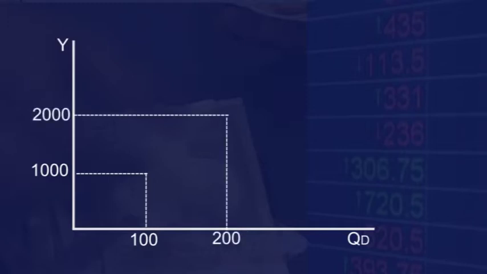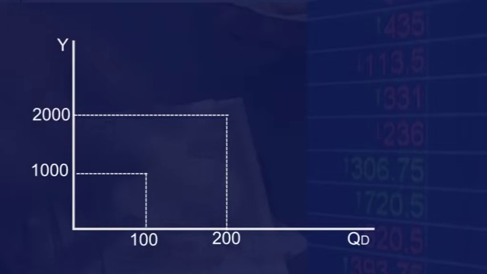Quantity demanded is this relatively small amount. As income rises to, let's say, 2,000 euros, for most goods, the quantity will rise. So if at 1,000 euros, 100 units a week are demanded, at 2,000 euros, 200 units, say, are demanded.